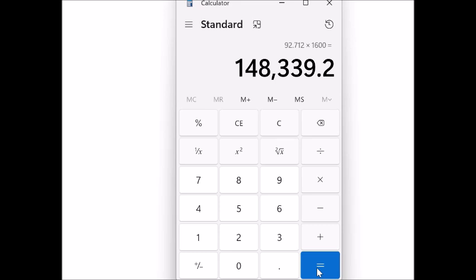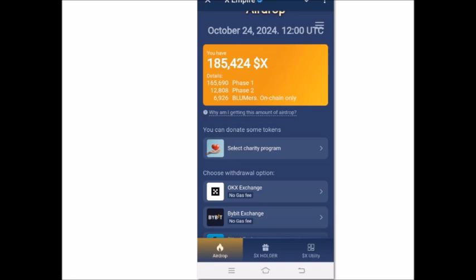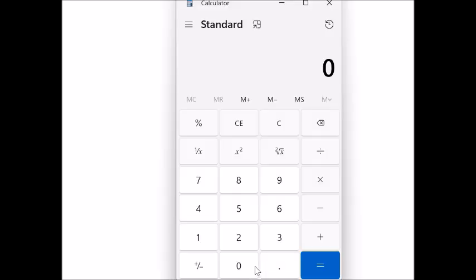Now let's go for four zeros. If you are looking at four zeros, I want to take what she has again, 185,424. So we input 185,424 and multiply by 0.00005, that is four zeros and then 5.